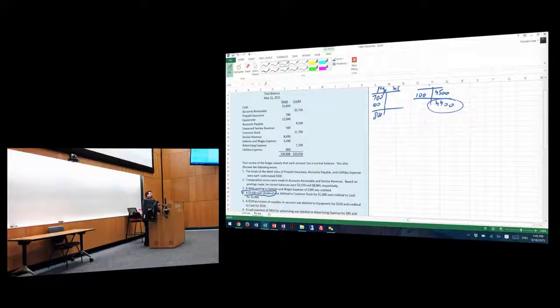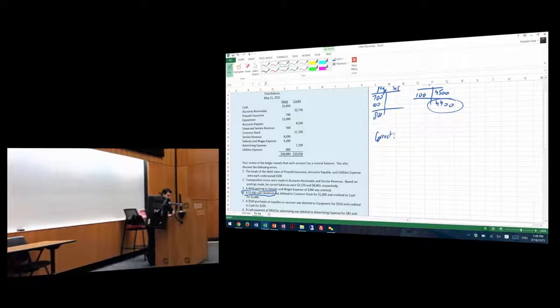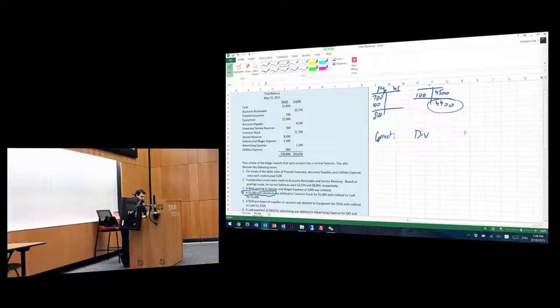Instead of crediting common stock, you would debit dividends and credit cash. So the correct one is: debit dividends 1,000, credit cash 1,000.